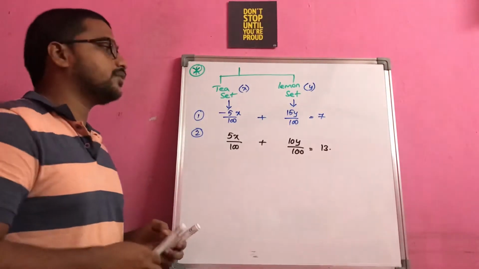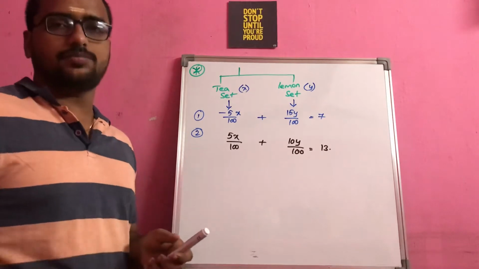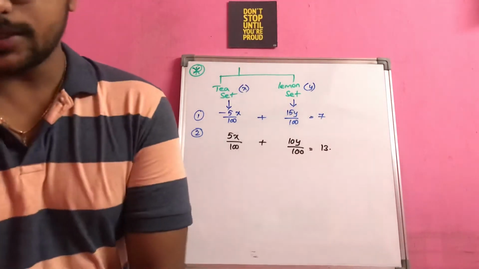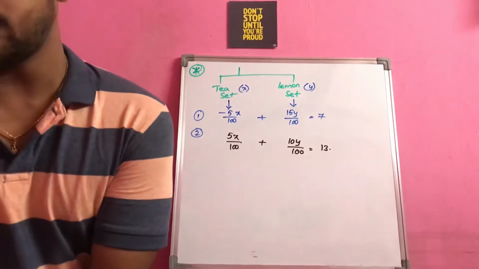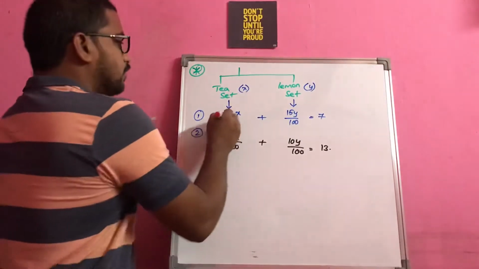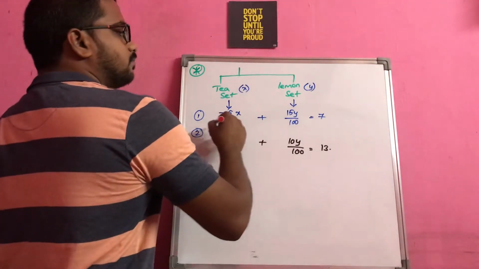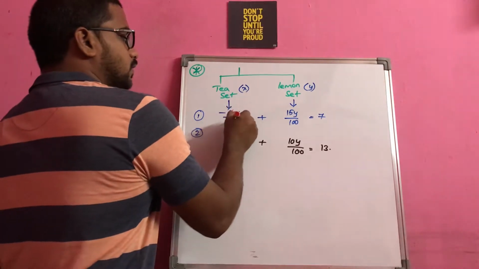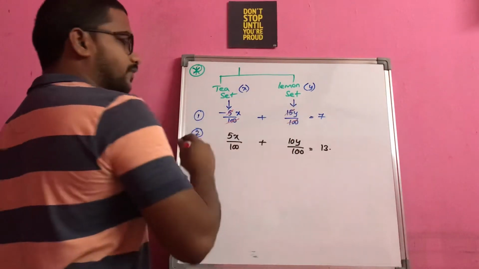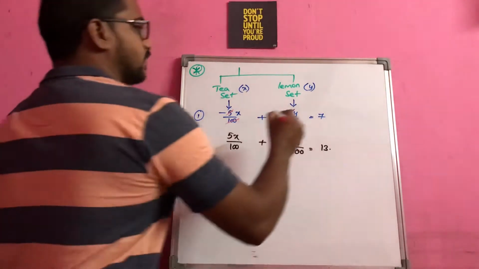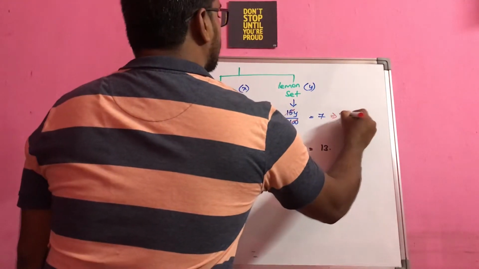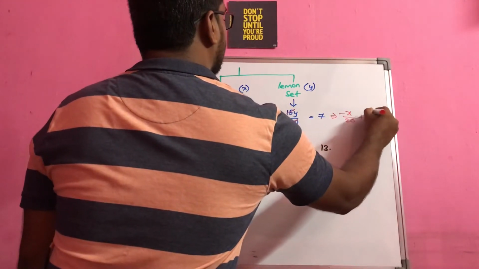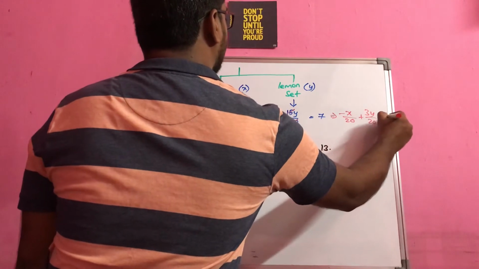Now the only thing you have to do is further simplification. So let us make an attempt to simplify this further. First equation, if I multiply with 20 throughout the equation, this is nothing but minus x by 20 plus 3y by 20 is equal to 7 rupees.